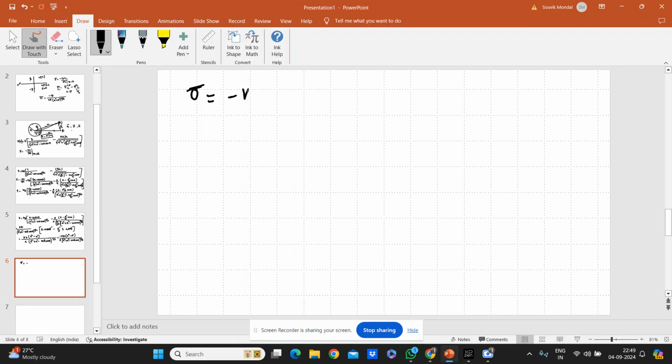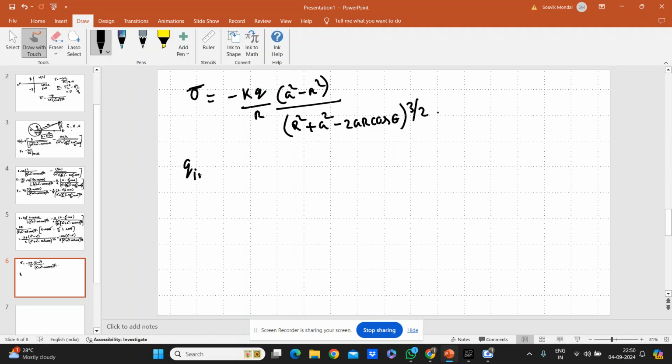So sigma is minus kq by r, times r square minus r square, over r square plus a square minus 2ar cos theta to the power 3 by 2. You can also check what your image charge is.